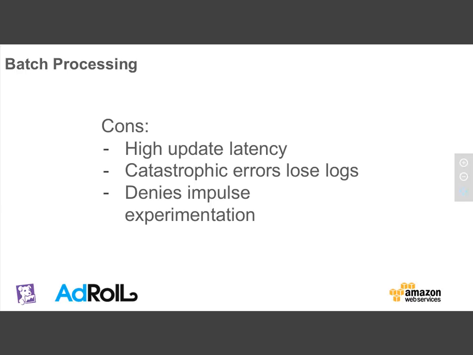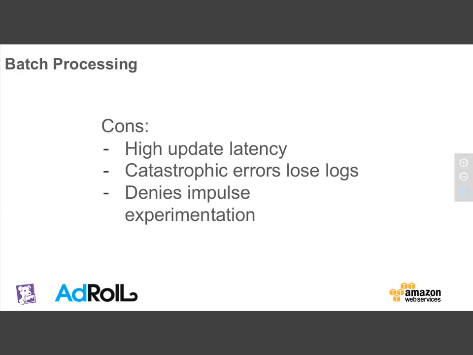In our case, we're taking these logs, and when we go through the data science pipeline, we push all that information into Hadoop. Hadoop is a batch processor, so it has a job that runs periodically, and that period is relatively high. If we have any sort of catastrophic errors in AWS, we lose the logs if the instance is unable to transmit those logs to the secure storage.